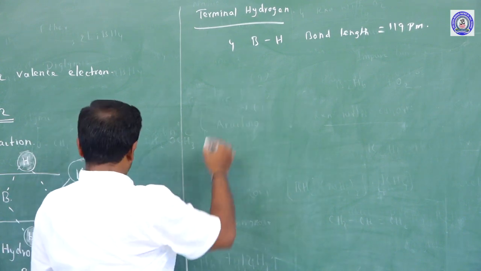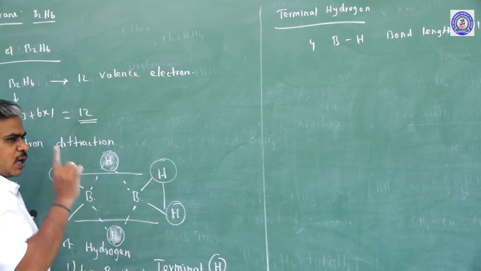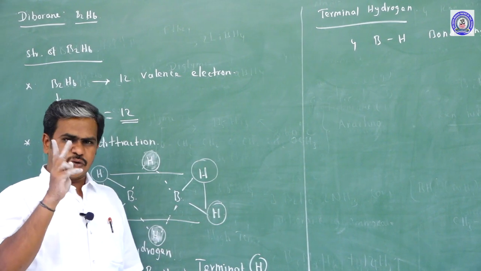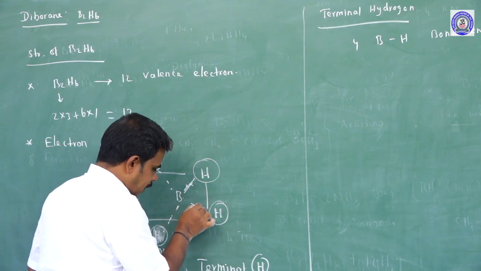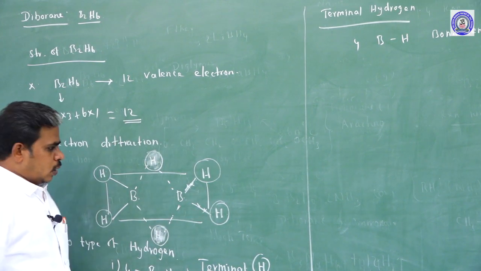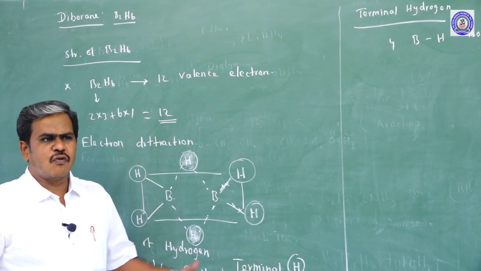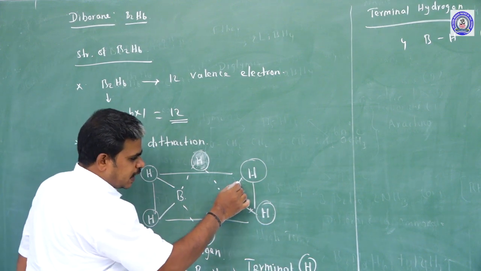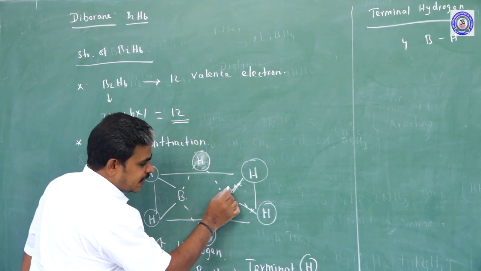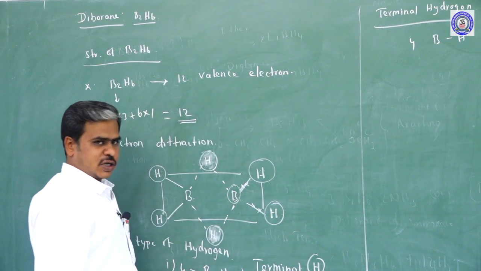Now this BH bond, listen, here there are 2 atoms and any bond is made up of 2 electrons. What do you mean by bond? Bond is nothing but forces of attraction to bind the atoms. So these 2 electrons bind the 2 atoms, boron and hydrogen.